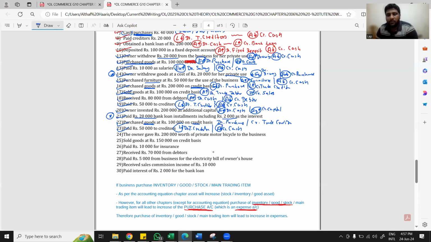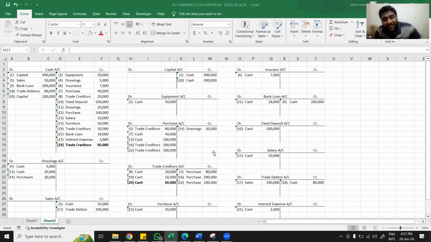Quickly do it, people. Others also quickly do it. Cash account from the beginning, we do it big, no?